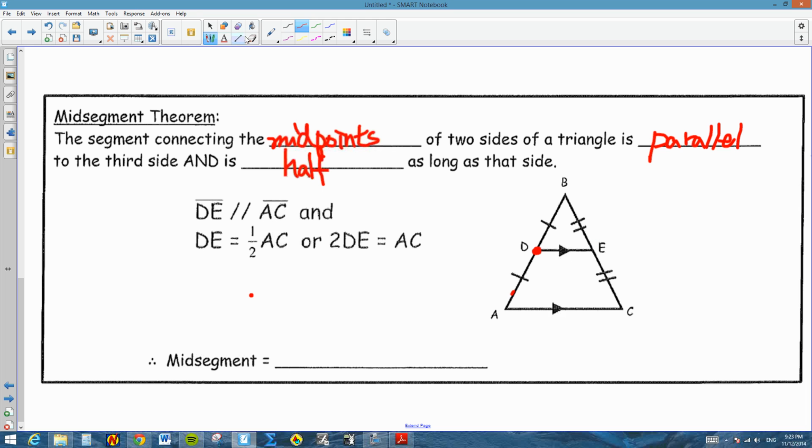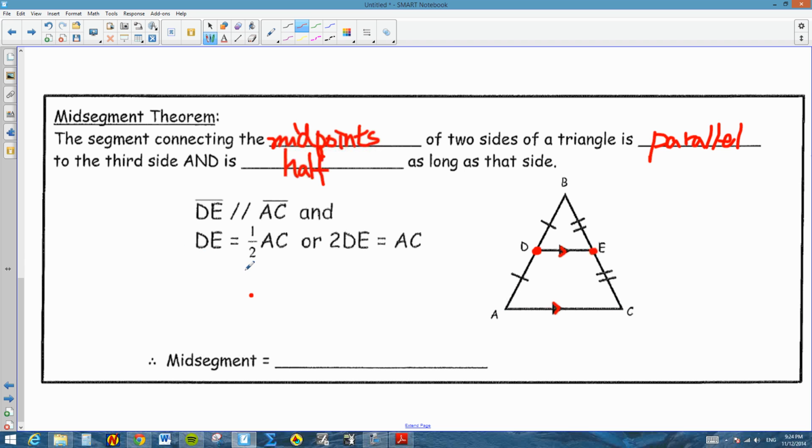If you connect two midpoints, you have a mid-segment by definition. Then this mid-segment must be parallel, and it is half of the base, half of AC.